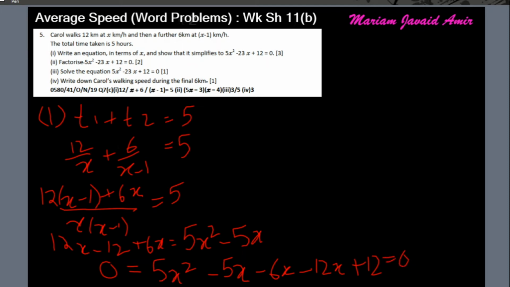We already have written it equals 0. So 0 equals 5x square, and this becomes 5 minus 6 minus 12, which is minus 23x, plus 12.